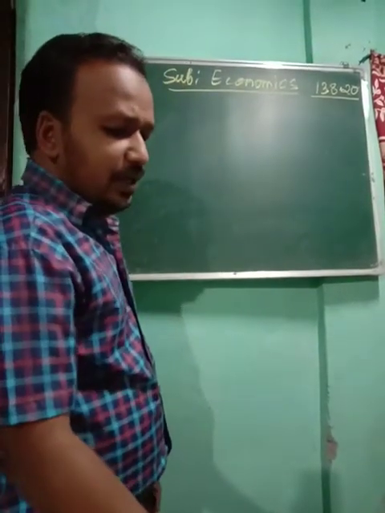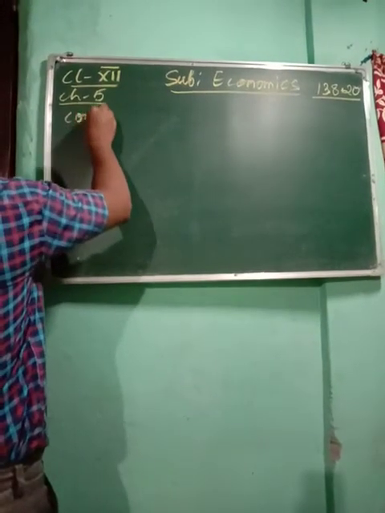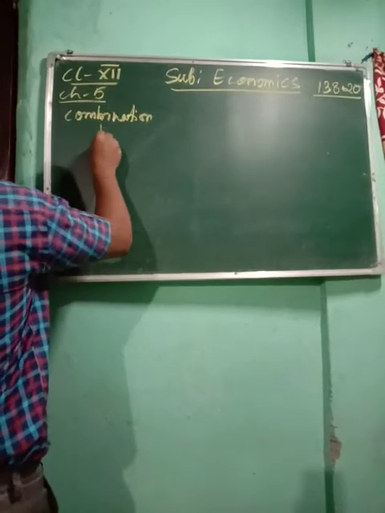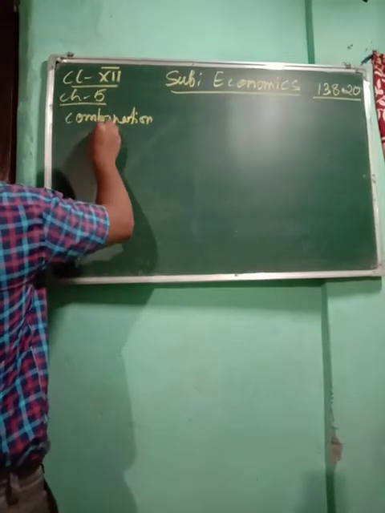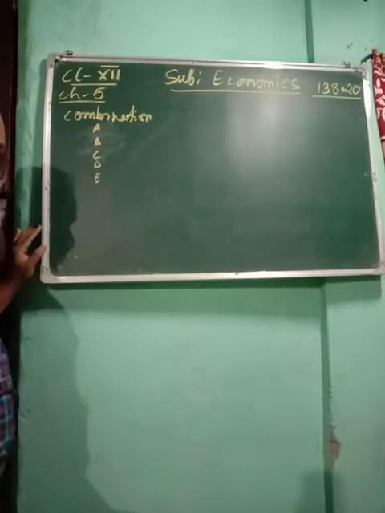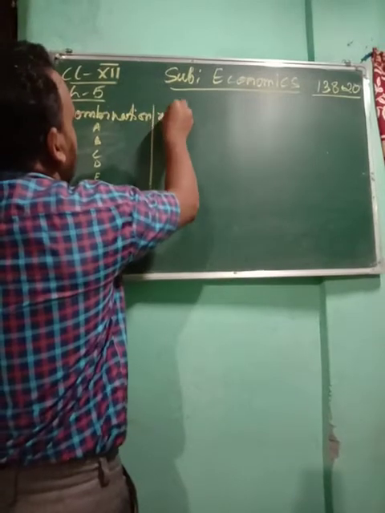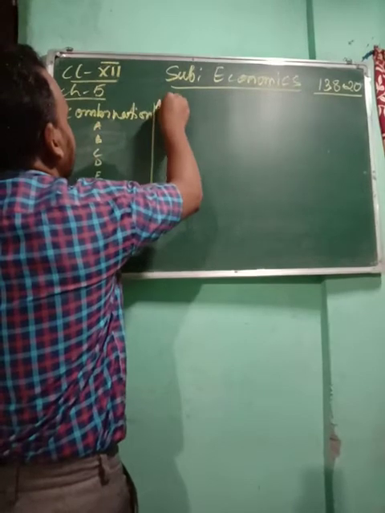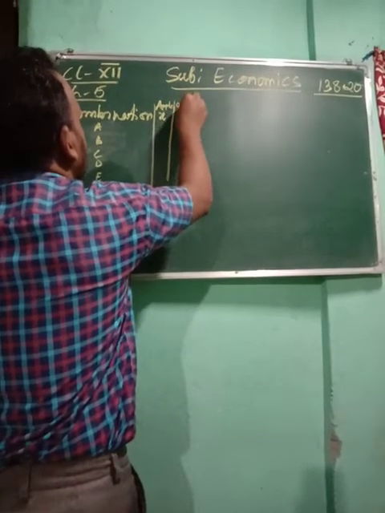The combinations are A, B, C, D. Now you have to take two goods. Suppose I am taking X and Y, where X is your apple and Y is your orange.